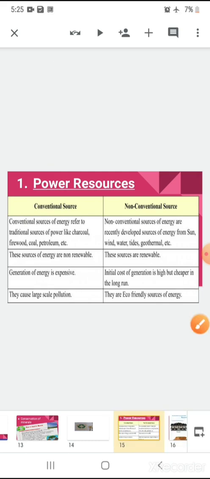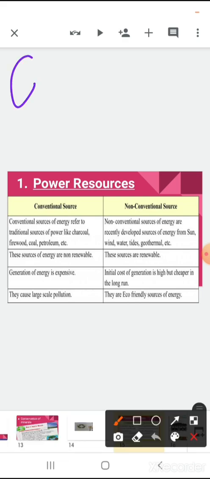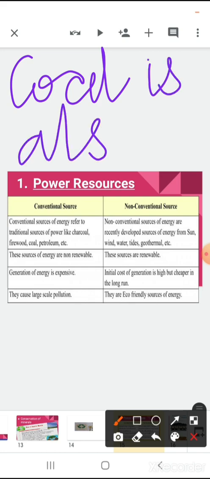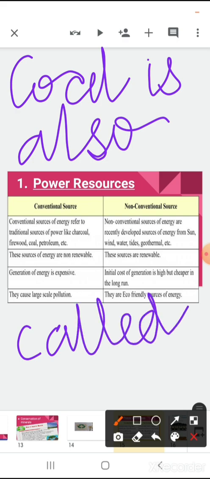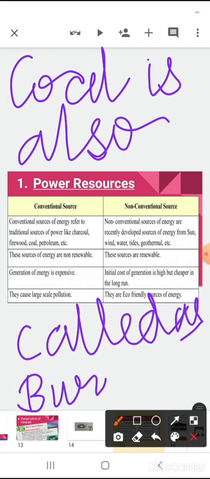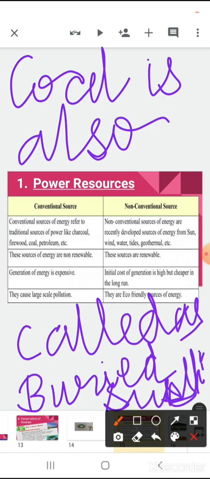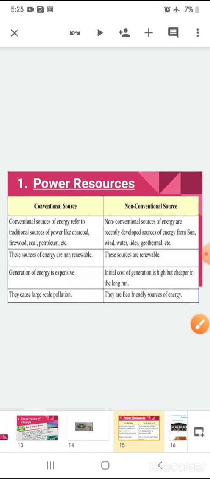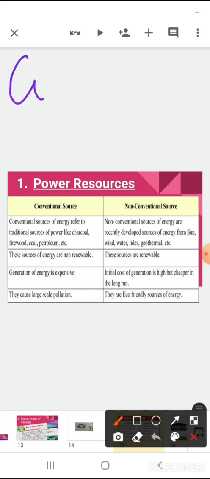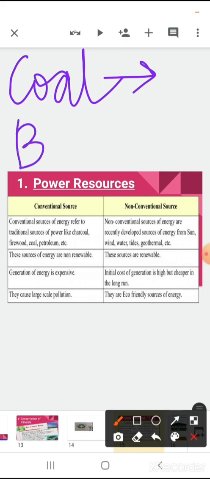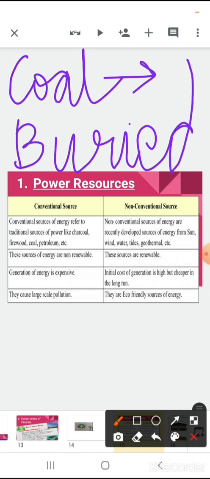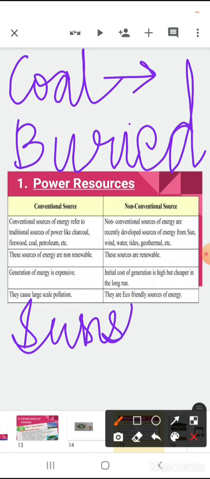I repeat, coal is also called buried sunshine. Coal is also called buried sunshine.